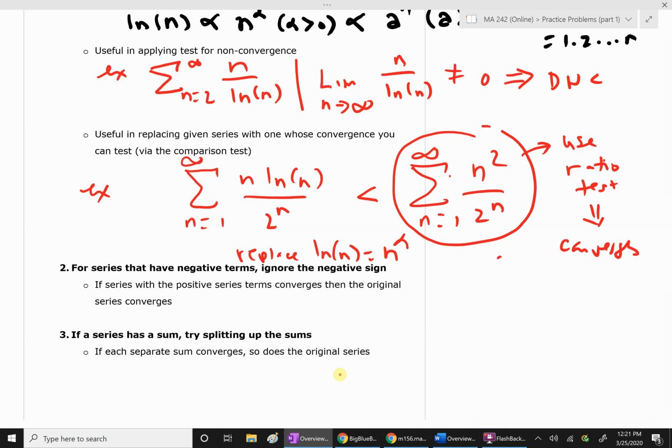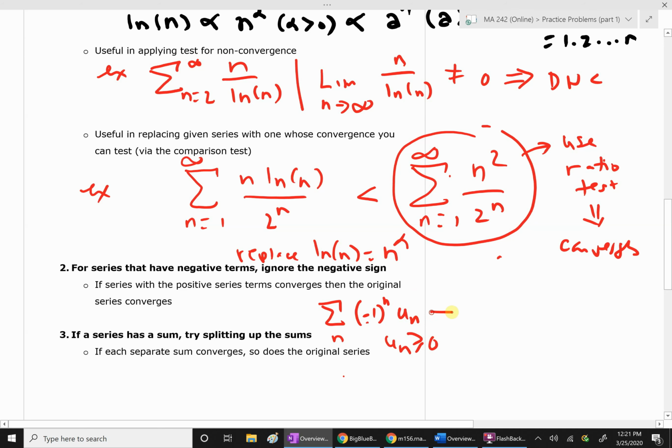Two other quick hints that will help. If you're dealing with a series that has negative terms, and this happens a lot, ignore the negative sign. A lot of these series have this sort of form, where the u to the n's are non-negative.